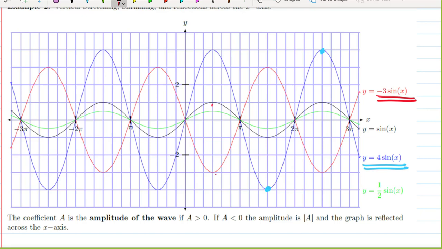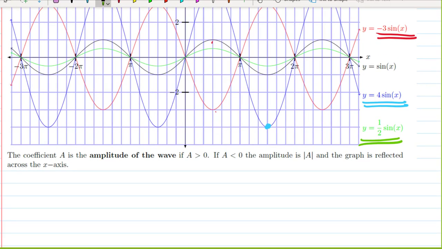And similarly here, it was at negative 1, it got reflected to positive 1 and then stretched by a factor of 3. So, looking at our very last one, we have our graph in green down here, 1/2, does the same thing, but instead of making the graph larger and stretching it, since 1/2 is less than 1 in absolute value, it shrinks the graph by a factor of 1/2.